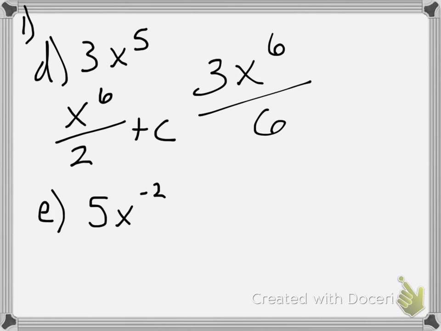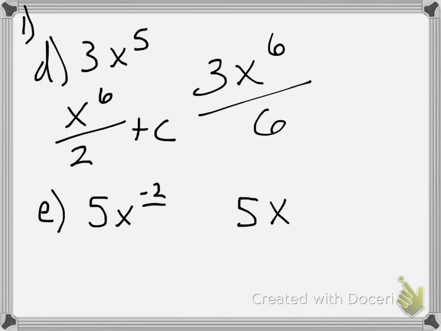But while we are evaluating, we want to leave everything in the numerator because we want it to look like the power rule. So in part E, we've got a negative power here, but there's nothing really wrong with that. We want the x term to be in the numerator to evaluate it.